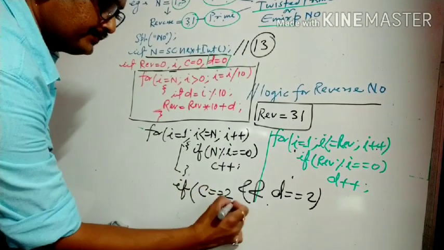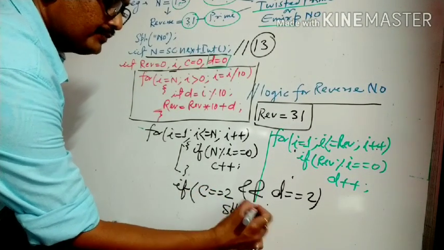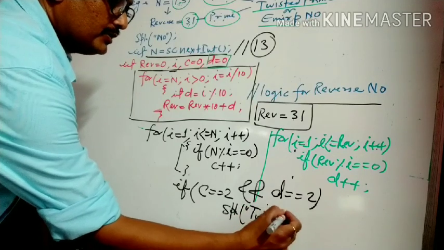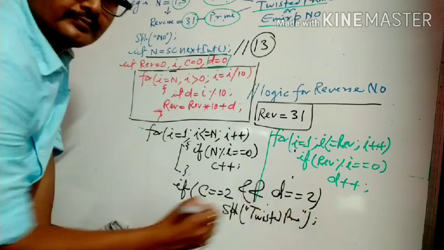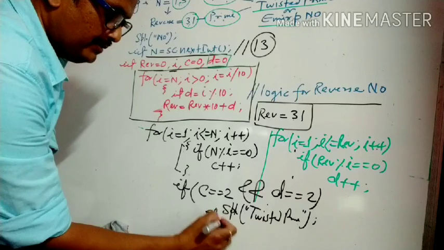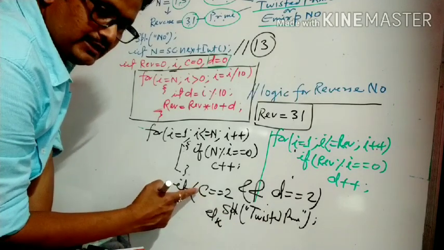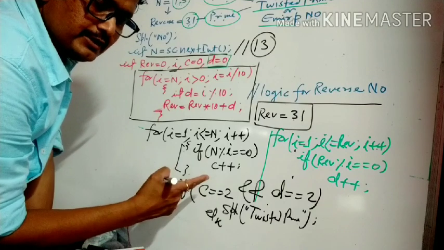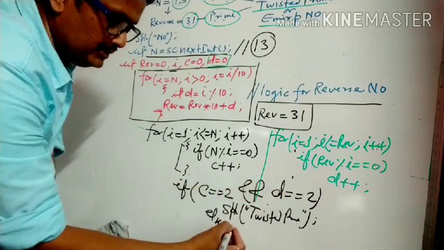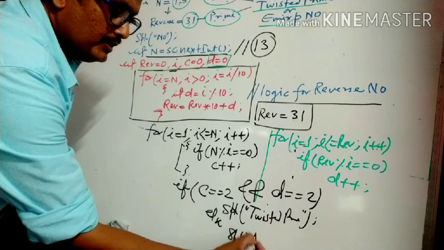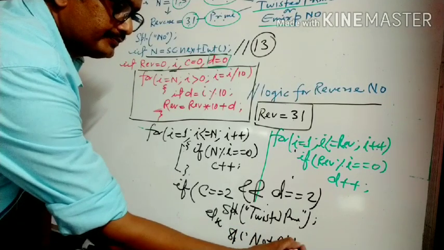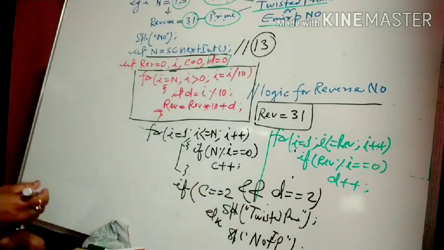So here you write System.out.println twisted prime. And if the condition is false, maybe the original number is prime, c will be 2, but the reverse of the number is not prime, the condition will be false. Then you write not twisted prime.